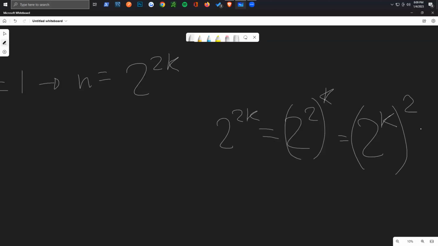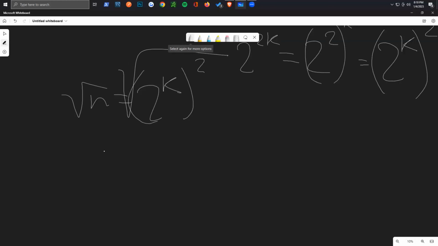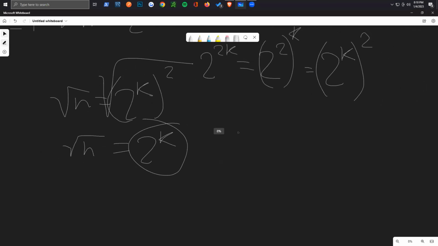And if we just substitute this right in for this term right here, we're going to end up with 2 to the k squared. We take the square root of both sides, and now we have a term, really the key to the question, that we've seen before in our general form and we can use.